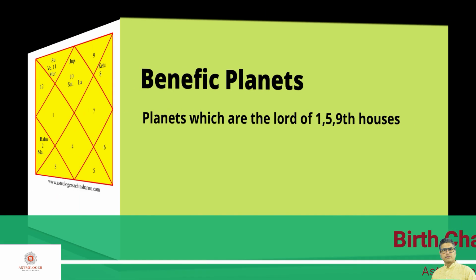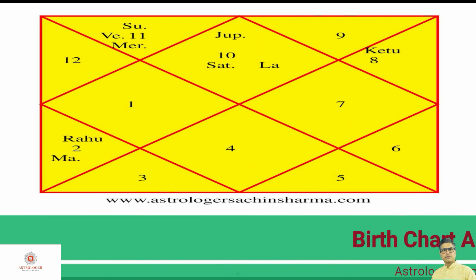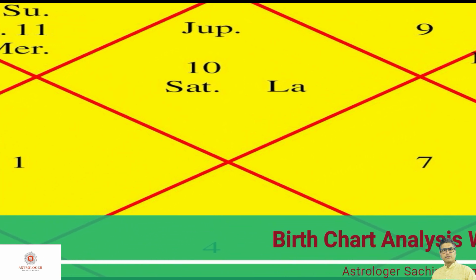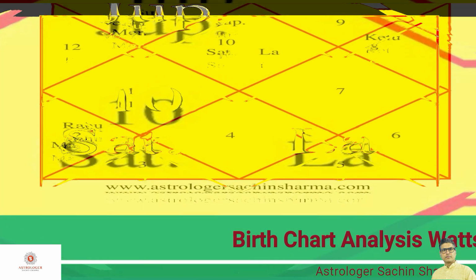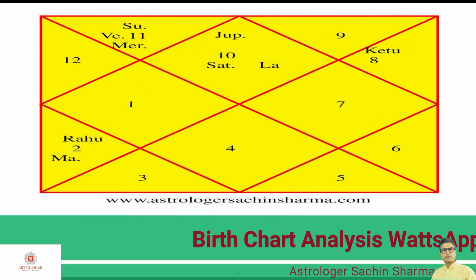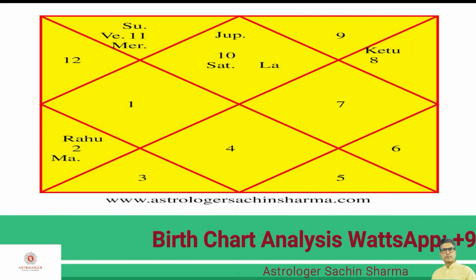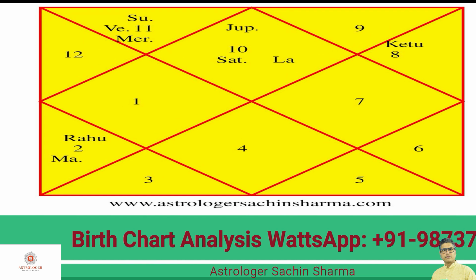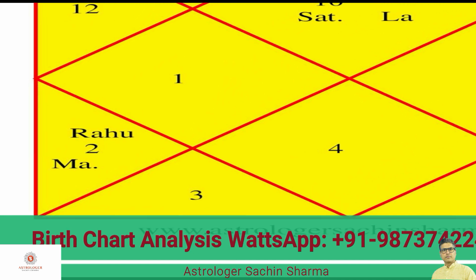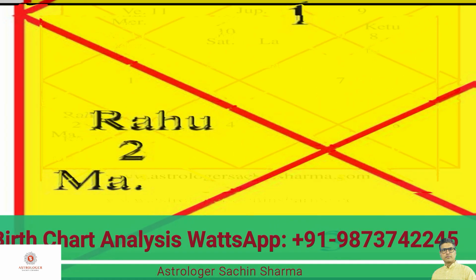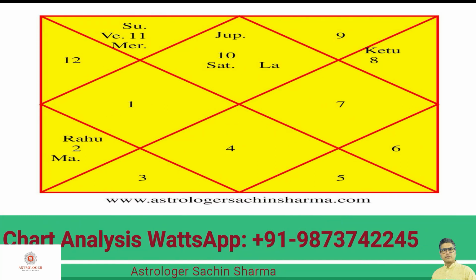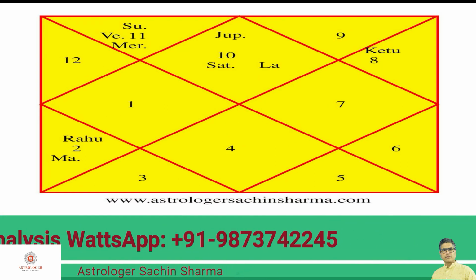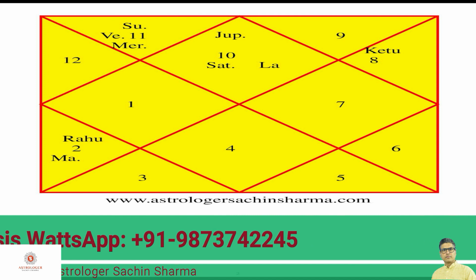Let us consider this birth chart of Capricorn ascendant. Here the Lagna or the ascendant or the 1st house has number 10, therefore it is Capricorn ascendant. Let us check the lord of the 1st house, which is Saturn, therefore Saturn is a benefic planet of this birth chart. Now let us check the 5th house, where number 2 is written, therefore it belongs to Venus, and Venus is also a benefic planet and will give good results in its Mahadasha and Antardasha period.